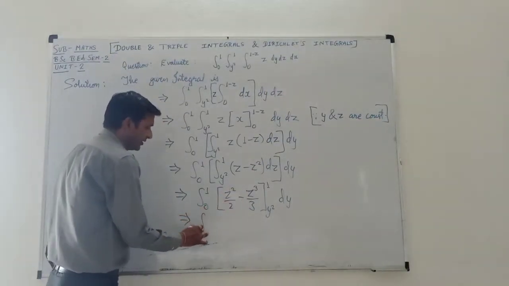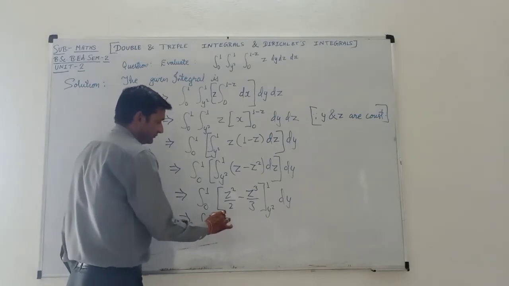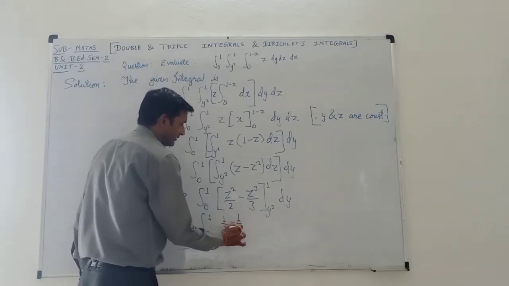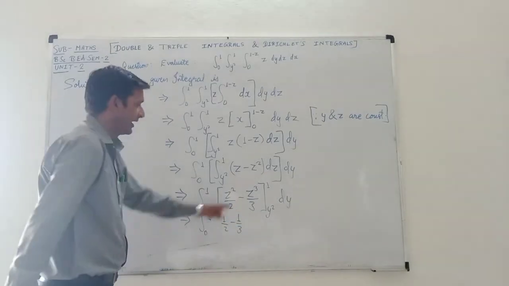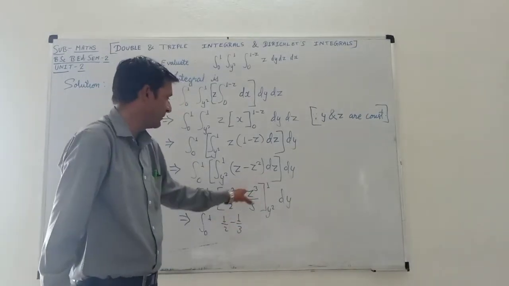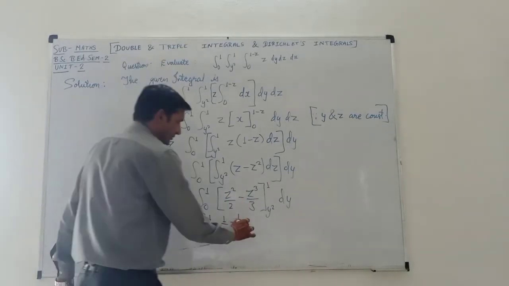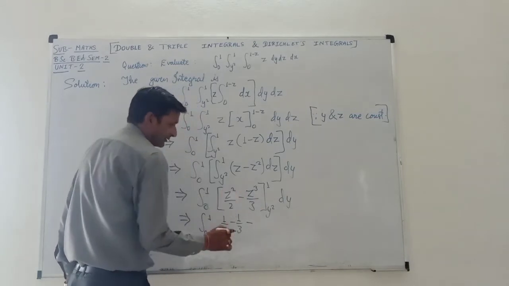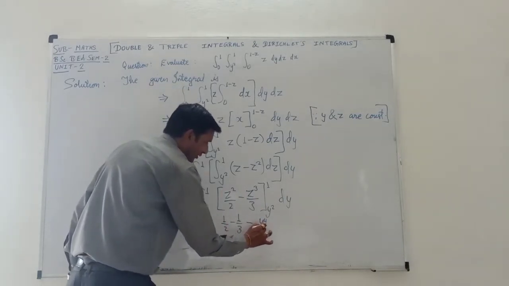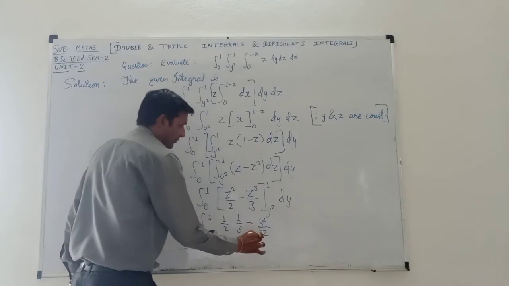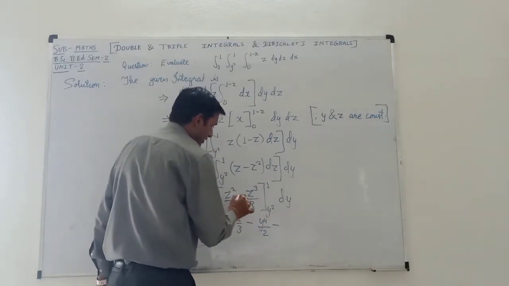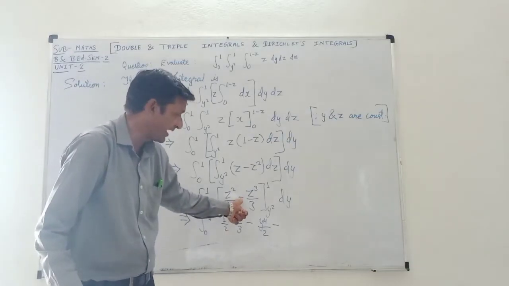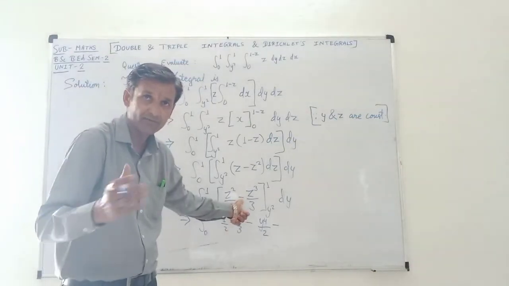So it will become 0 to 1, 1 upon 2 minus 1 upon 3, because 1 square is 1 and 1 cube is also 1. So upper limit first of all and then minus lower limit. Lower limit means y square squared, that is y raised to power 4 upon 2, minus into minus, because for the lower limit a minus sign will be there and this minus will multiply with that minus sign for solving the limit.